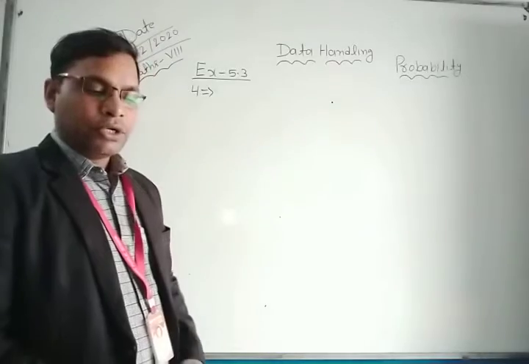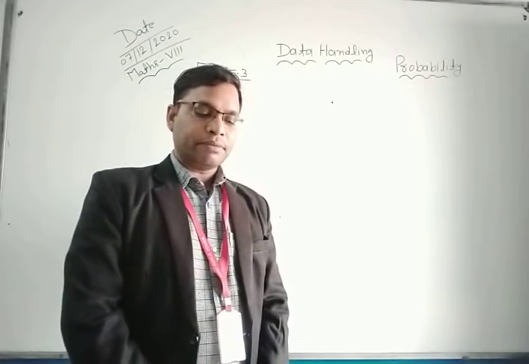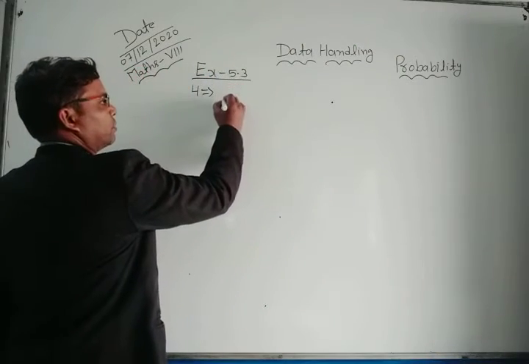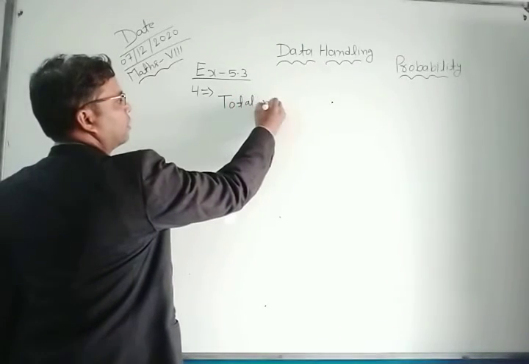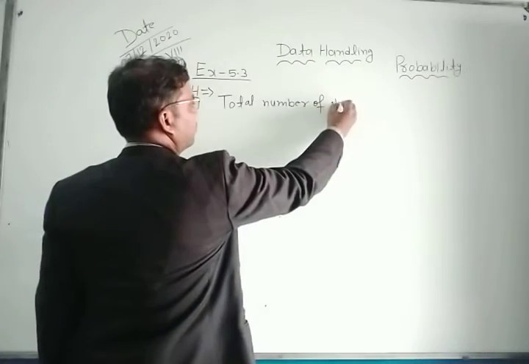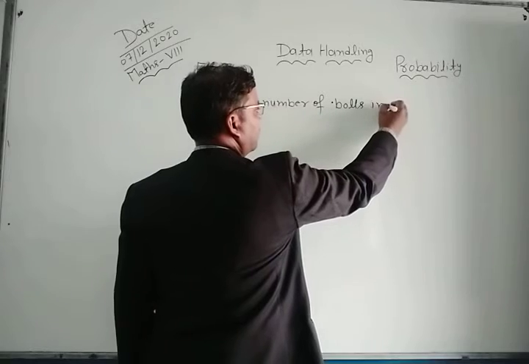So first we write the total number of all possible outcomes, the total number of balls in the bag.